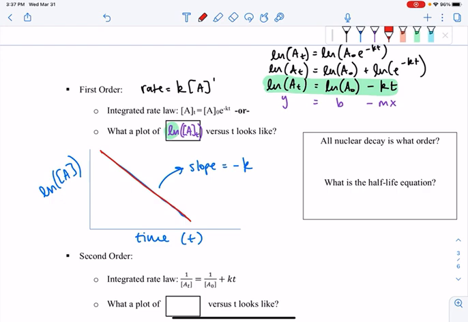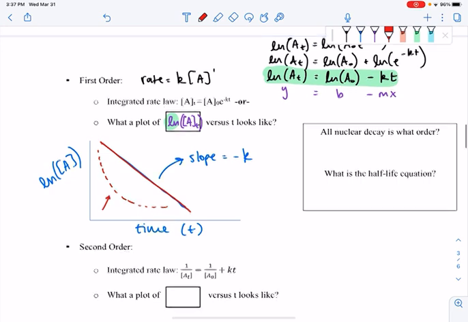If you have some concentrations of A with respect to some times, you take the natural log and plot it, and you don't get a straight line, maybe you get something like this, that's not first order. It's only first order if when you plot the natural log of A versus time, you get that straight line.